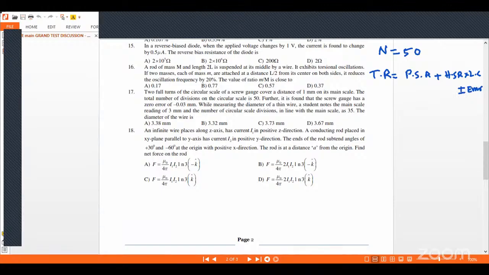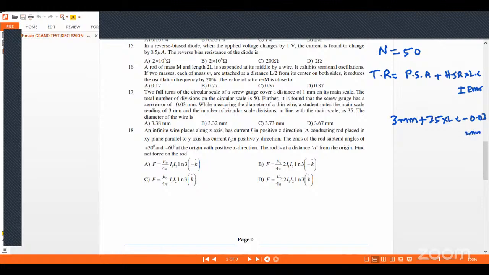This is the formula. The pitch scale reading they gave is 3 mm, the head scale reading is 35 times the least count, and the zero error they gave is 0.03 mm. All are in mm only.